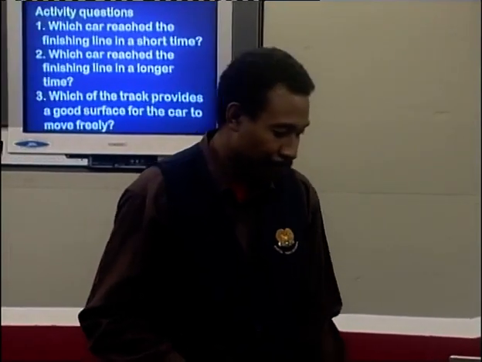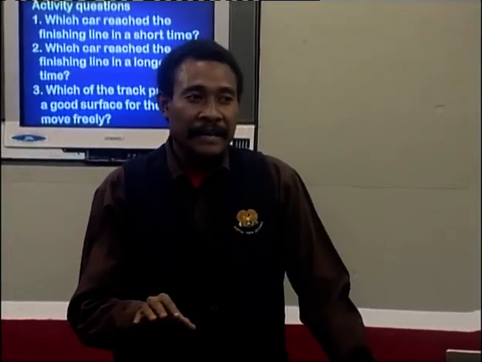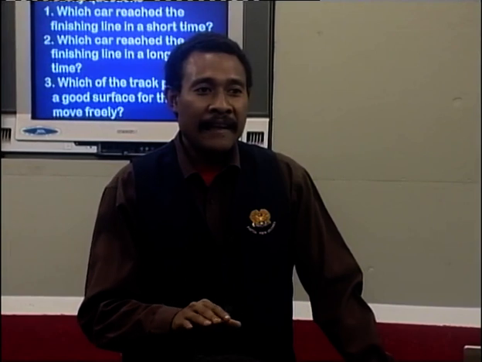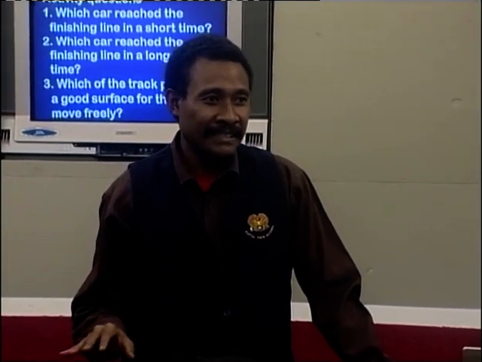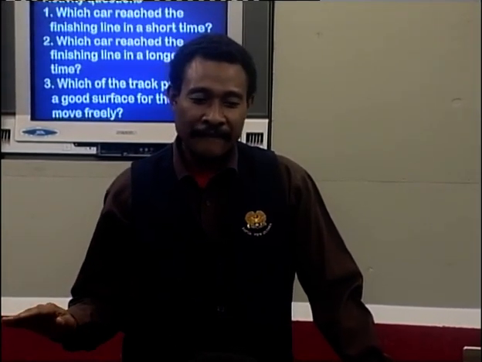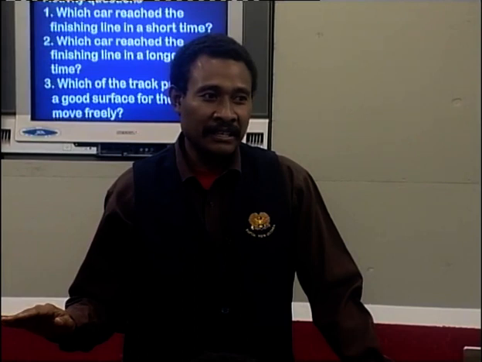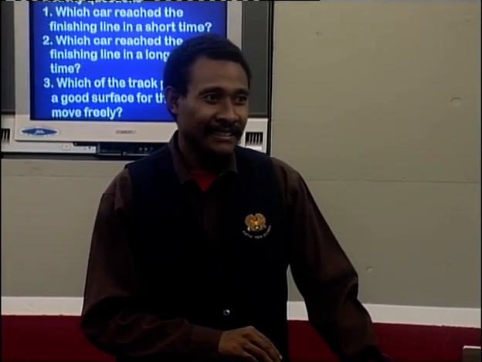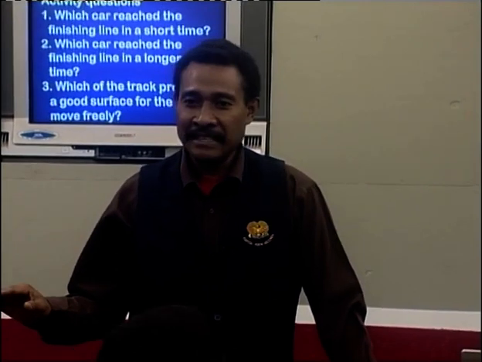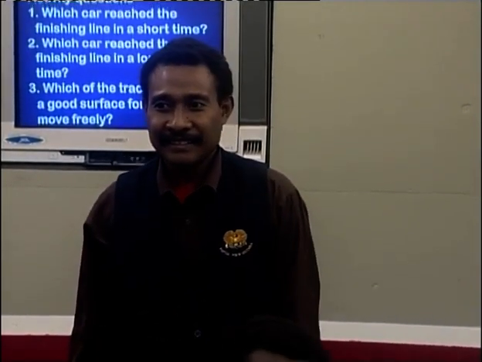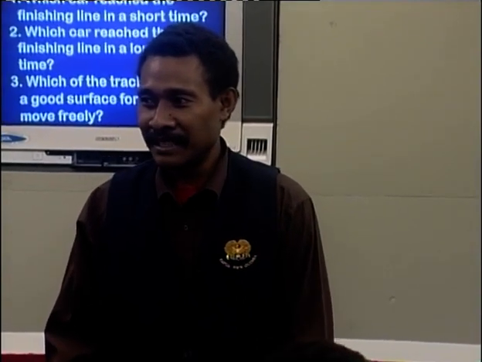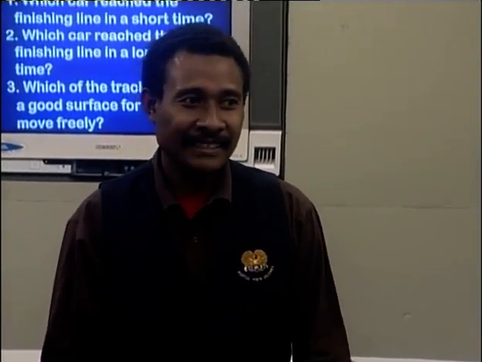I'll give you a situation here. You think of this situation. You walk into a very new building and the floor is really varnished. The surface is really smooth. What do you think is going to happen when you're walking in?